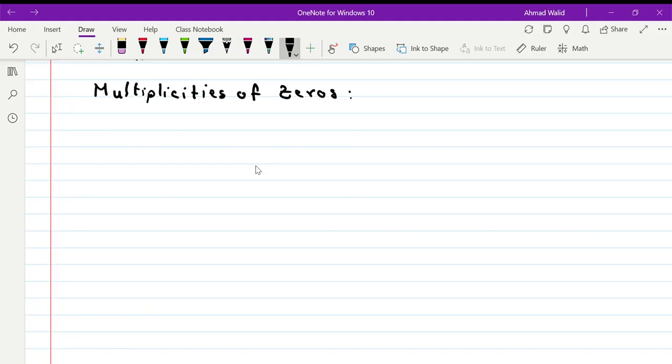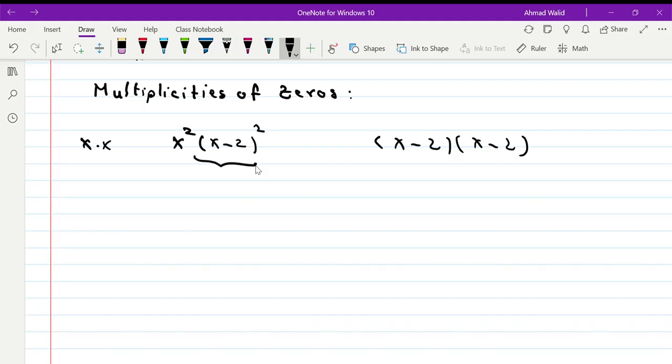In different examples that I did, I found zeros of a polynomial function, and some of them had different factors, and some of them, like the last one that I did for you, had two factors the same. Like you had this one, x squared times x minus 2 squared. You see here, x minus 2 squared means two factors are the same, x minus 2 and x minus 2, or x squared means x times x.